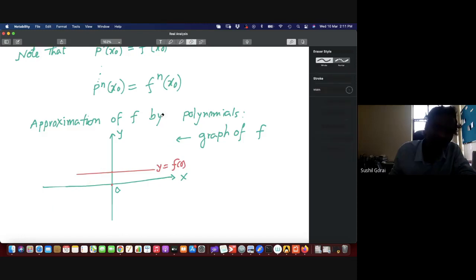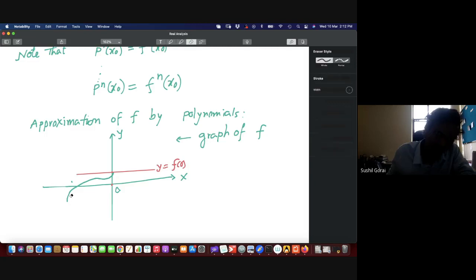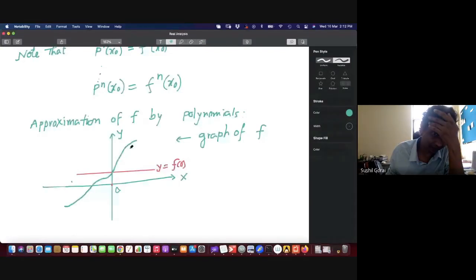Let me make it a little clearer. Suppose f is like this, so that it is not vertical.